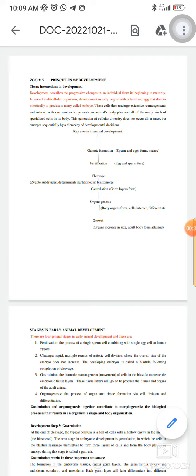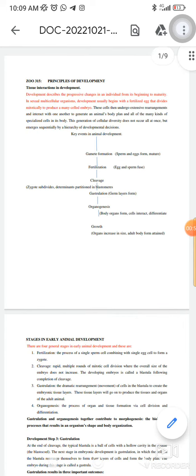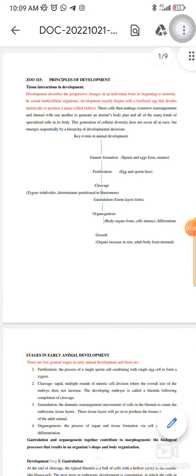So I try to shorten the notes as much as I could in order not to bore us with much write-up to read. Okay, I know that we are tired having come back from a long vacation of doing nothing that has to do with academics. Okay, so I'll talk about the tissue interaction in development.